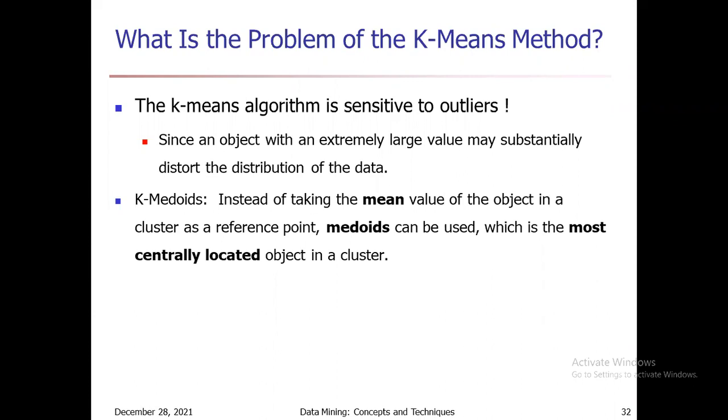In k-medoids, instead of taking the mean value of the objects in a cluster as a reference point, the medoid can be used, which is the most centrally located object in a cluster.